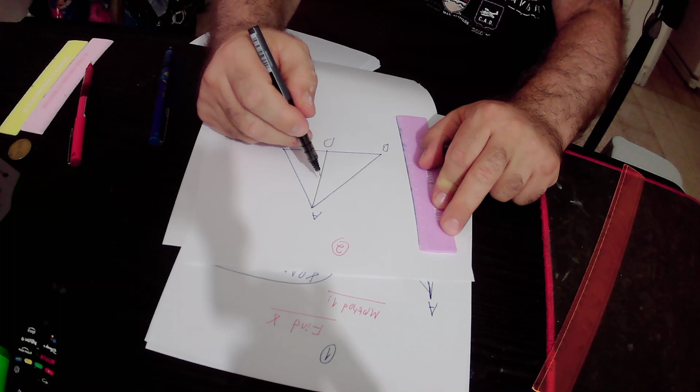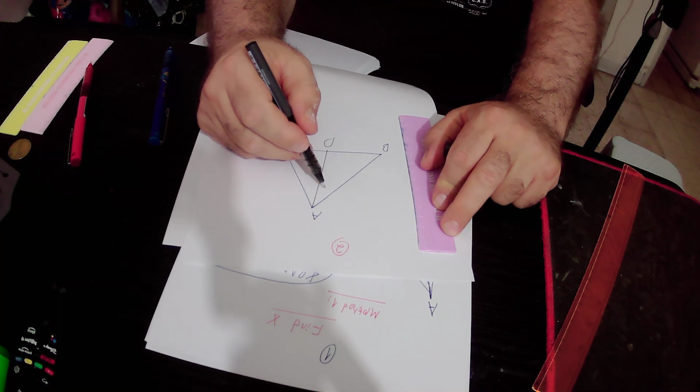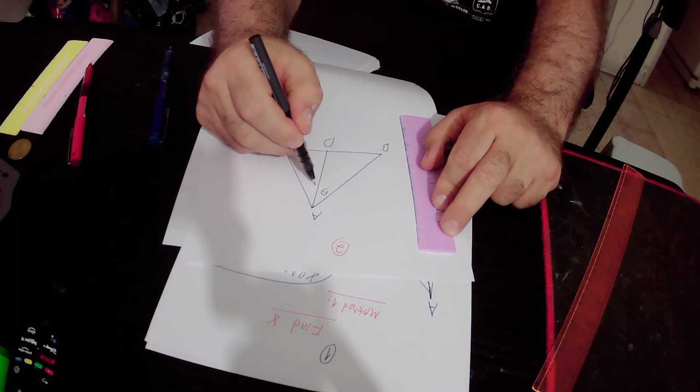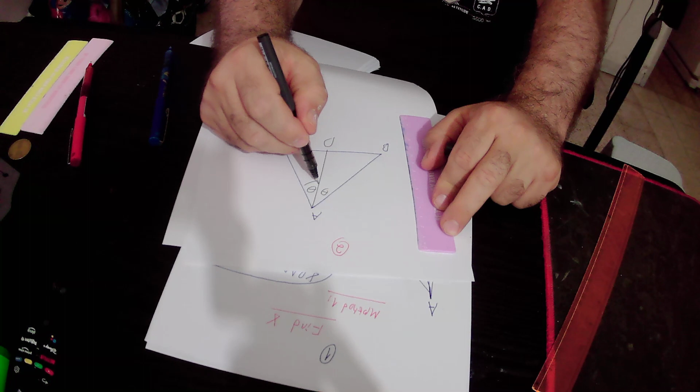AD is angle bisector. That is to say, if this angle is theta, then this angle will be also equal to theta. So AD is angle bisector.